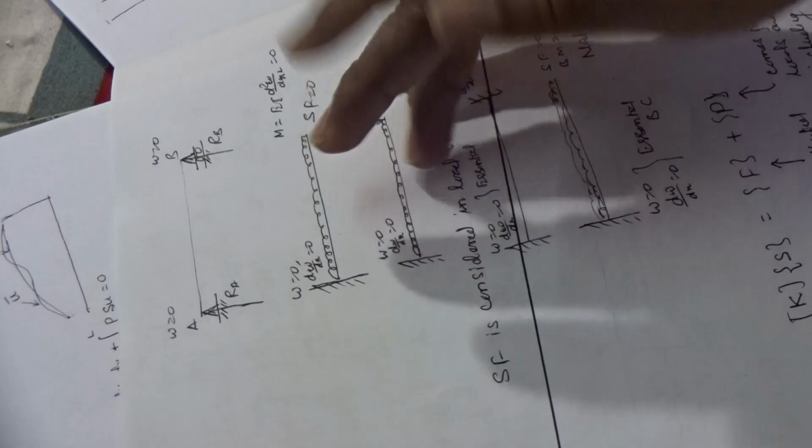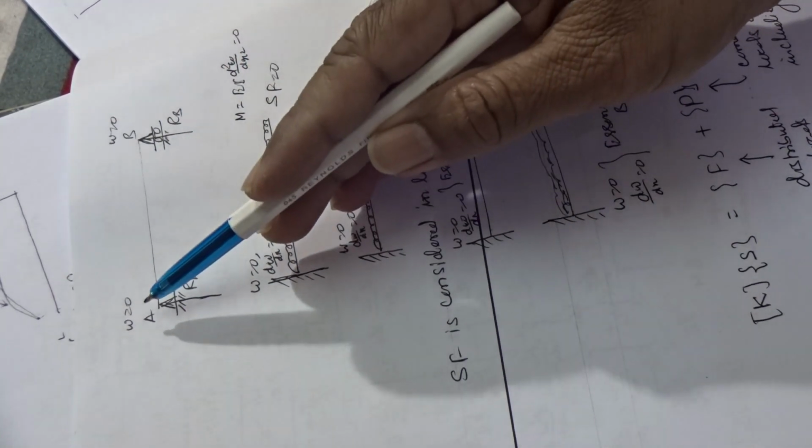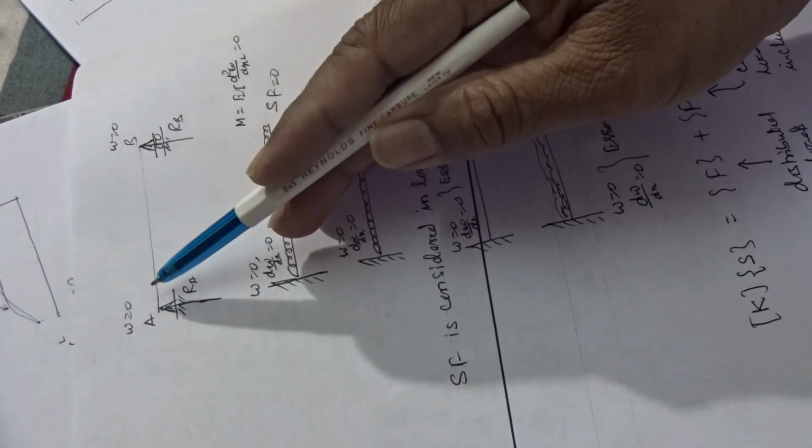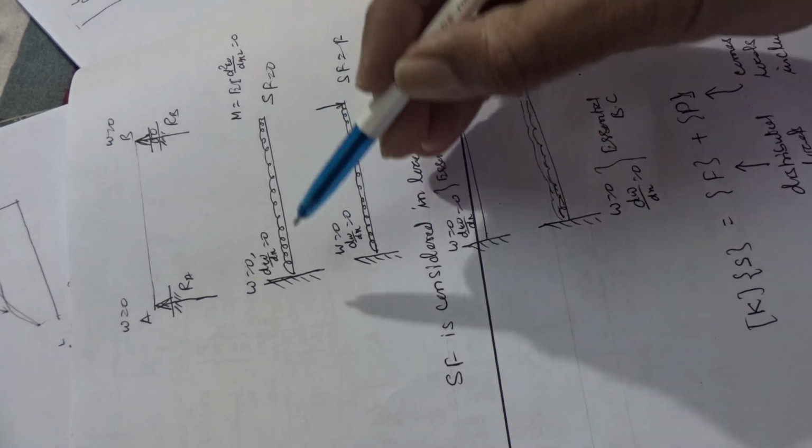the natural boundary conditions. So I will show the natural and essential boundary conditions for a simply supported beam. Here at this end and this end, the displacement is 0, that is the essential boundary condition.